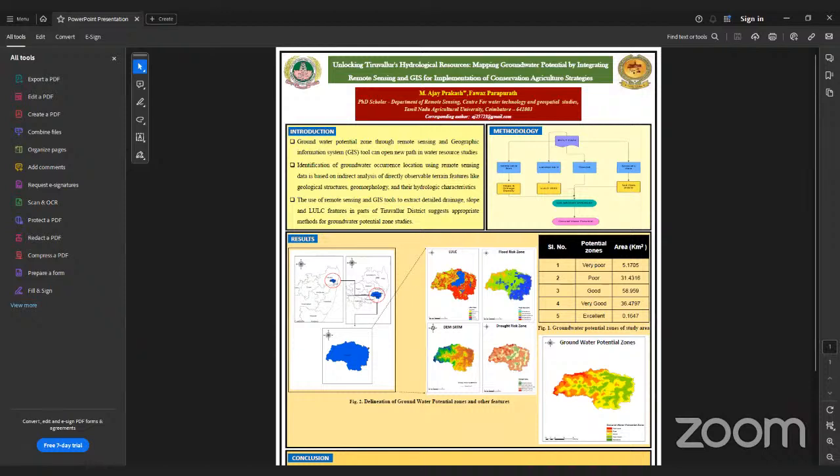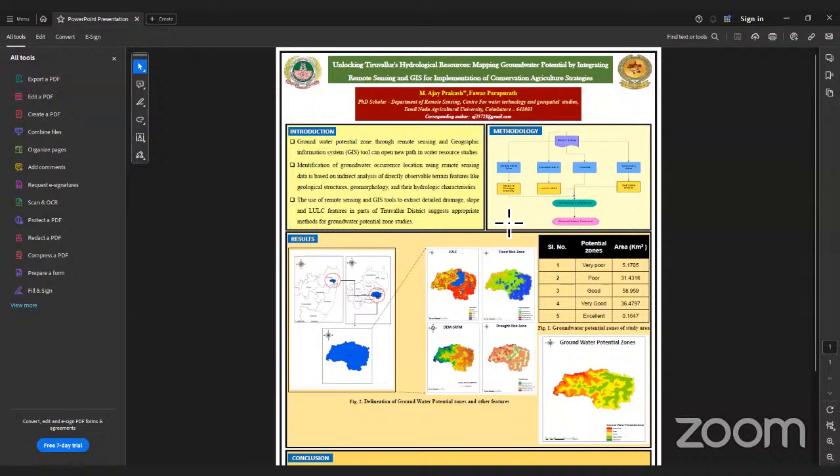So my name is Himanshu Prakash. I am from Tamil Nadu Agricultural University. I am a PhD scholar in the Department of Remote Sensing. My research is unlocking the Tiruvallur hydrological resource and mapping groundwater potential by integrating remote sensing engines for implementing conservation agriculture strategy.